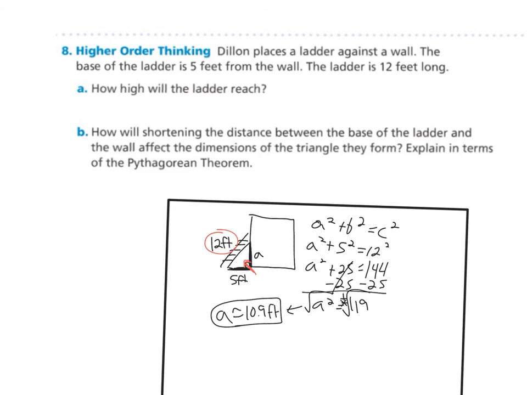And then part B, how will shortening the distance between the base of the ladder and the wall affect the dimensions of the triangle? Basically, if it's closer to the wall, then this leg will be shorter. And then this leg will be longer.